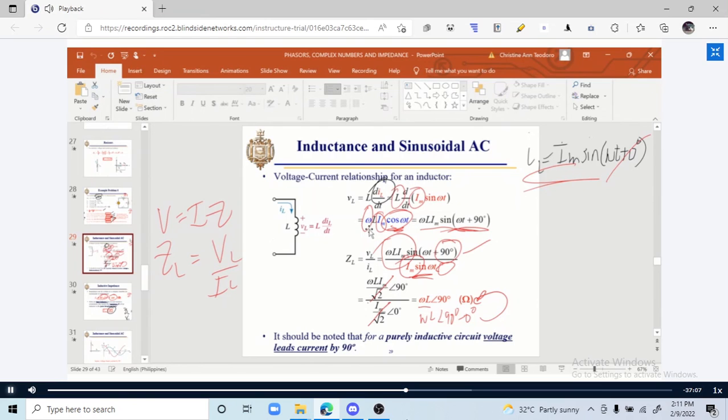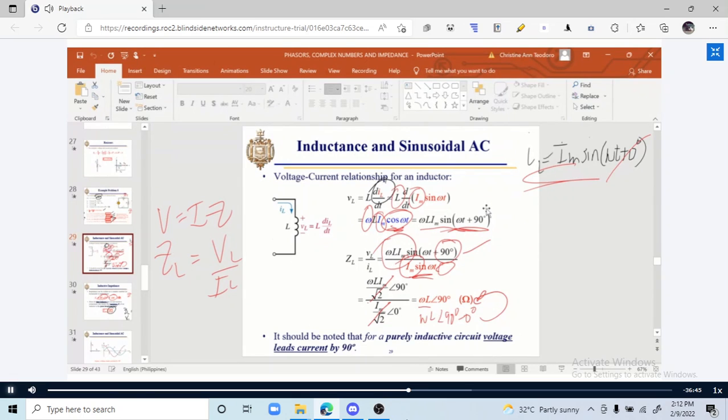If we get the derivative of Im sine omega t, we will come up with the equation omega L multiplied by Im cosine omega t, since the derivative of sine is cosine. So we will now be converting cosine to sine.